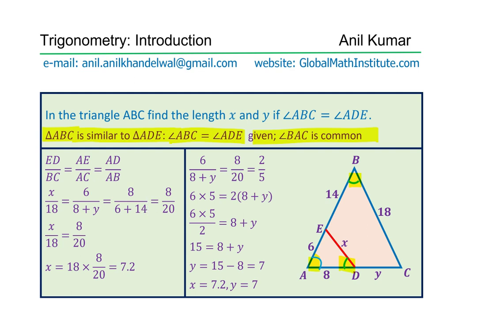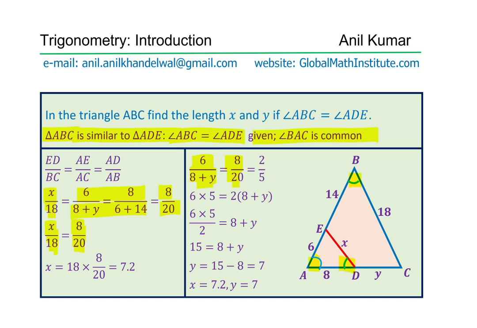When you add them up, you do get 8 over 20. So these ratios, x over 18 is equal to 8 over 20. And also, we know that the other ratio, which is 6 over 8 plus y, is equal to 8 over 20. Now, the only unknowns from these two equations are x and y.